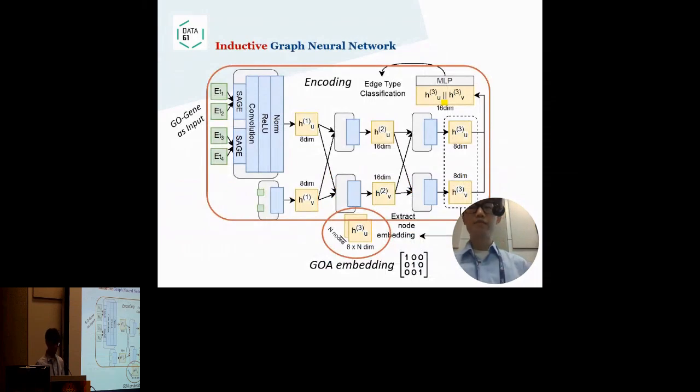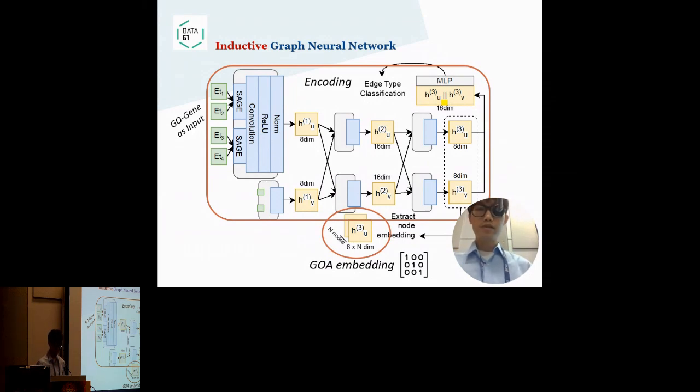So this is the structure of this graph neural network model. This diagram is too technical. To simplify this, the key message is it will take interconnected GO terms and genes as the input, and then it will encode a mathematical representation for each GO term and each gene.